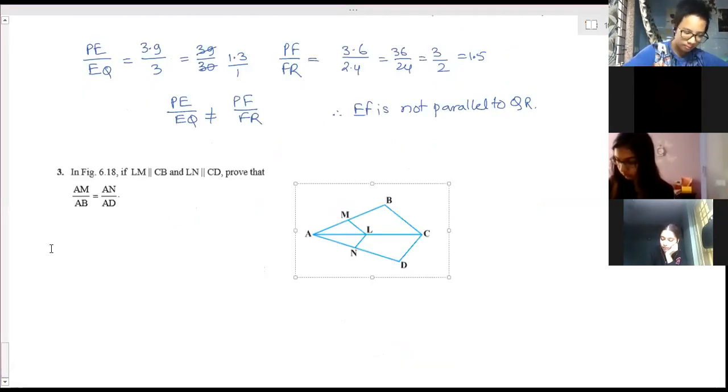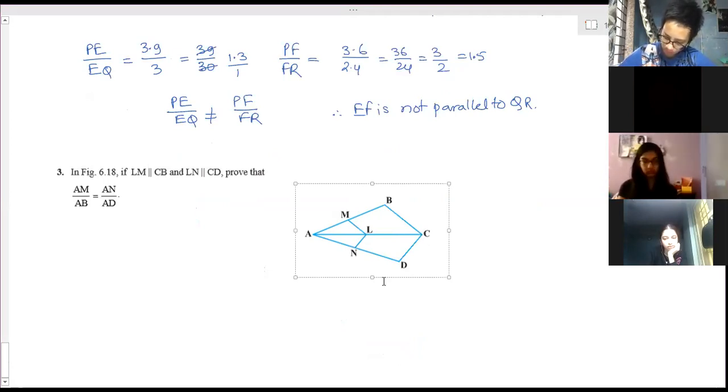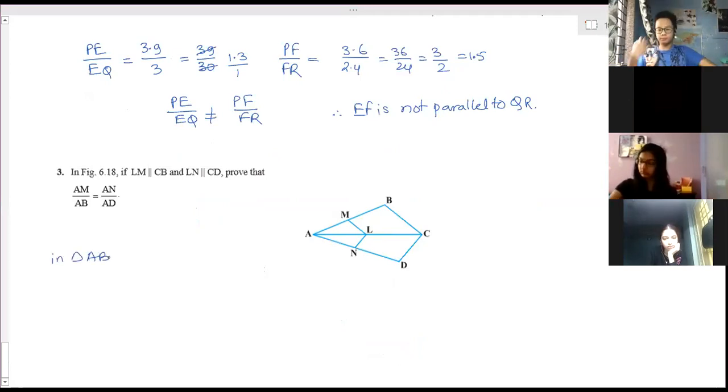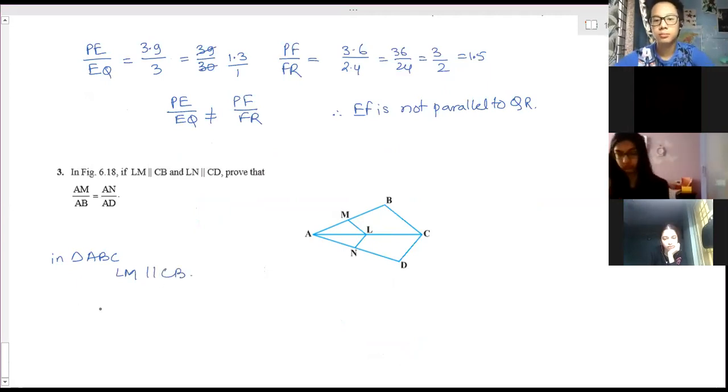So here, the third one: we have to prove AM by AB is equal to AN by AD. LM is parallel to BC and LN is parallel to CD. So we have to use two triangles, ABC and ADC, with BPT. In triangle ABC, LM is parallel to CB.